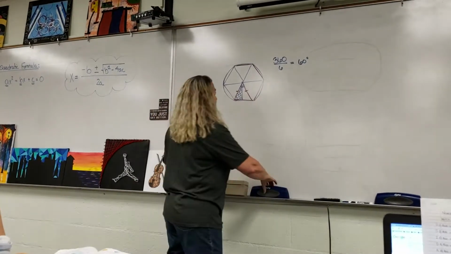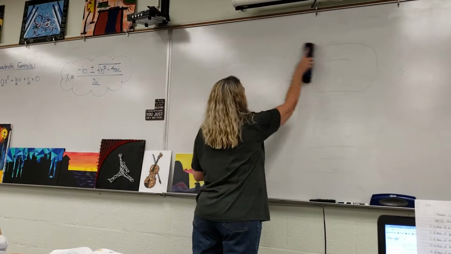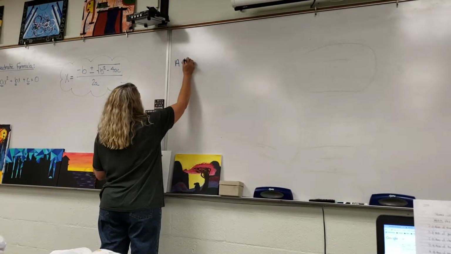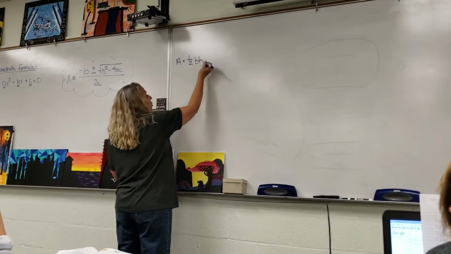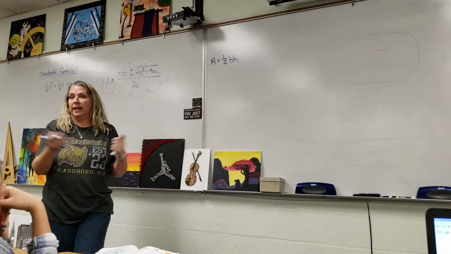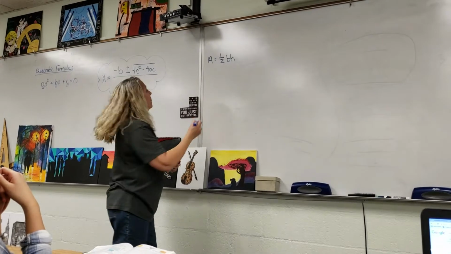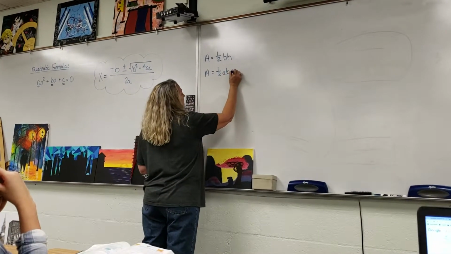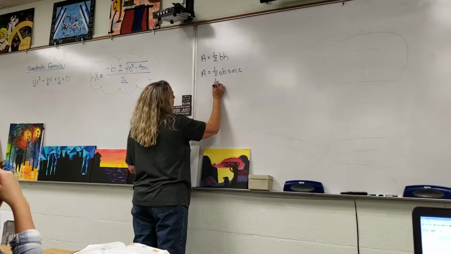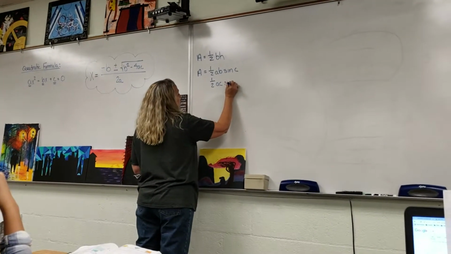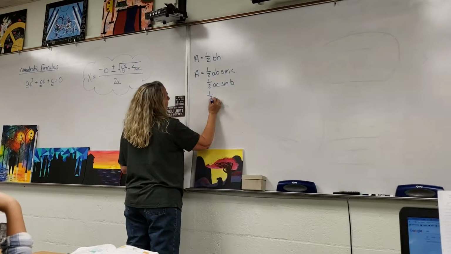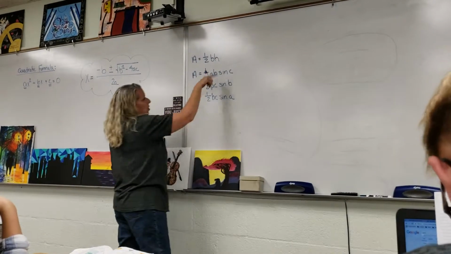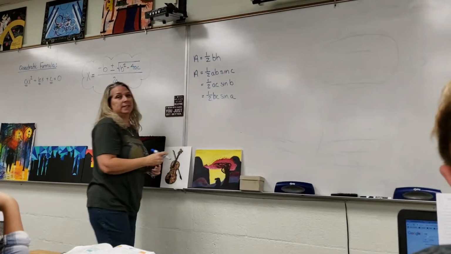Okay. What formulas are we talking about when we talk about finding area of a triangle? Area equals 1/2 base times height. That's the old standard. That's the one you've known since probably like 5th grade. We know from trig 1/2 AB sine C, or 1/2 AC sine B, or 1/2 BC sine A. Those are all the same.